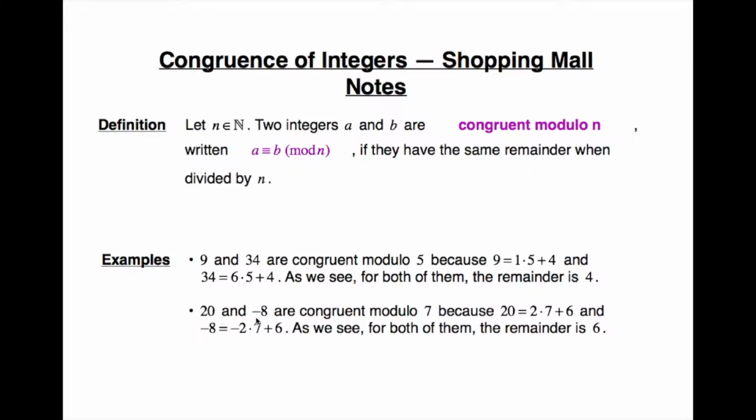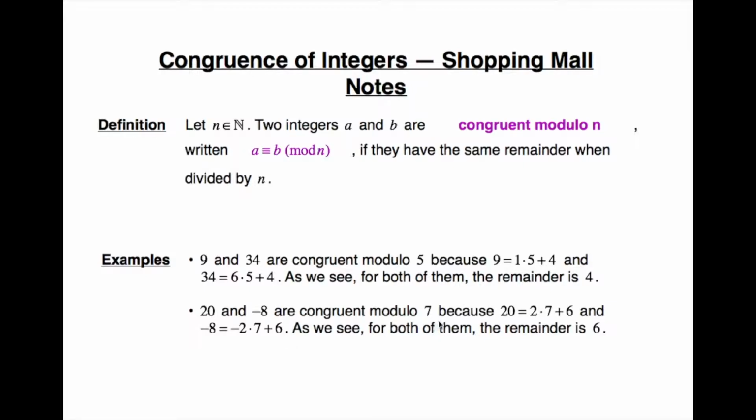Second example, 20 and negative 8 are congruent modulo 7. So 20 over 7 is 2, and 20 equals 2 times 7 plus the remainder, which is 6. How about negative 8? When we have negative numbers, we need to go far enough that the remainder is a number between 0 and n minus 1.